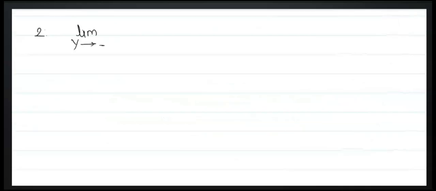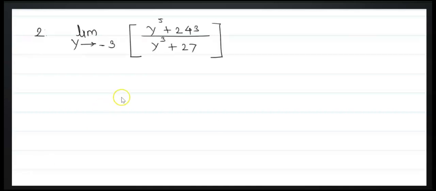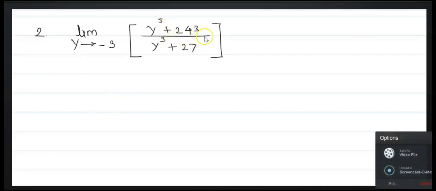Now the second problem: the limit as y tends to minus 3 of the function (y raised to 5 plus 243) upon (y raised to 3 plus 27). Now if we substitute y equals minus 3 directly, if we take the direct limit, then we will get the indeterminate form, that is 0 upon 0.